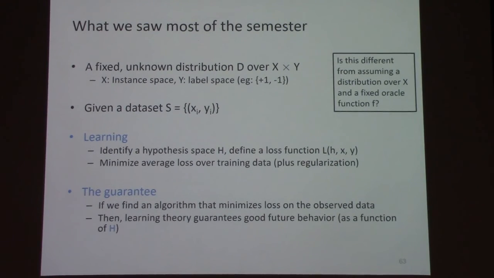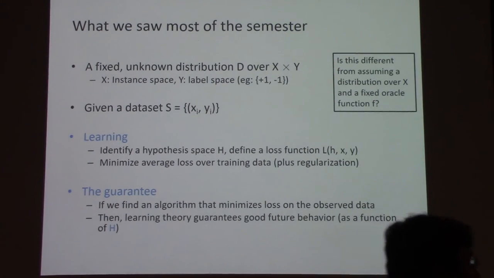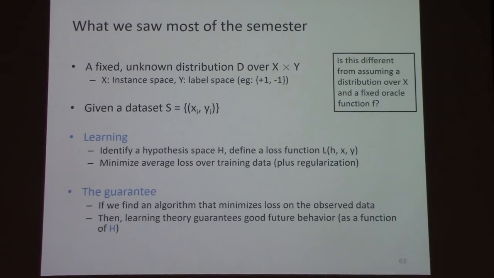Maybe there's some regularization involved. And the kind of guarantees that we saw in PAC and other things is that if we find an algorithm that minimizes the loss on observed data, then the learning theory will guarantee that in the future, up to some margin of error, your classifier will be okay. That's basically a rough summary of the semester so far.